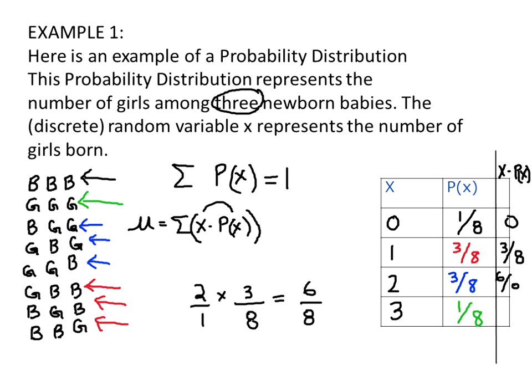And then 3 times 1 over 8 is 3/8. So what the formula tells us to do is to take our x and our p of x and multiply them together, and that's all I've done.